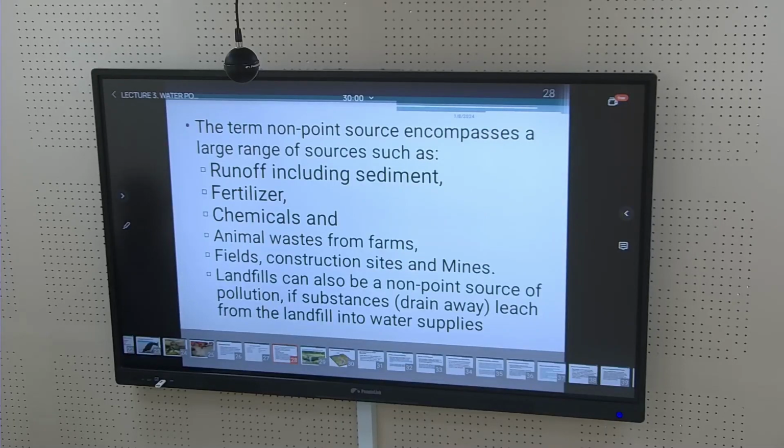So in landfills where garbage is filled into a dug pit, water comes and picks up the leftovers. That is water pollution.